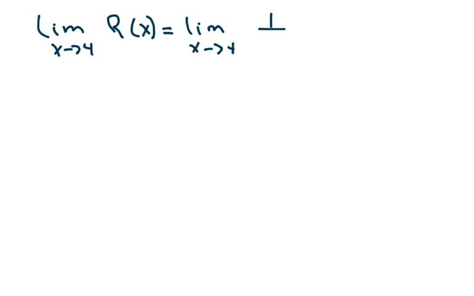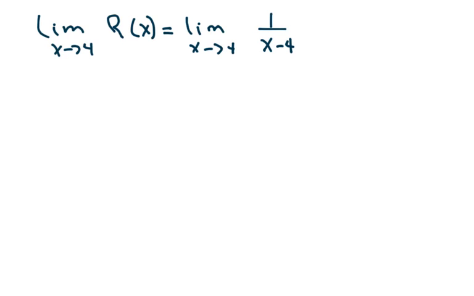All right, so let's do the limit at 4. It's the limit as x approaches 4 of R of x, which is the limit as x approaches 4 of 1 over x minus 4. If you plug in 4, it's 0 in the denominator. But if x is less than 4, x gets closer and closer to 4, the value is negative, and it becomes unbounded.